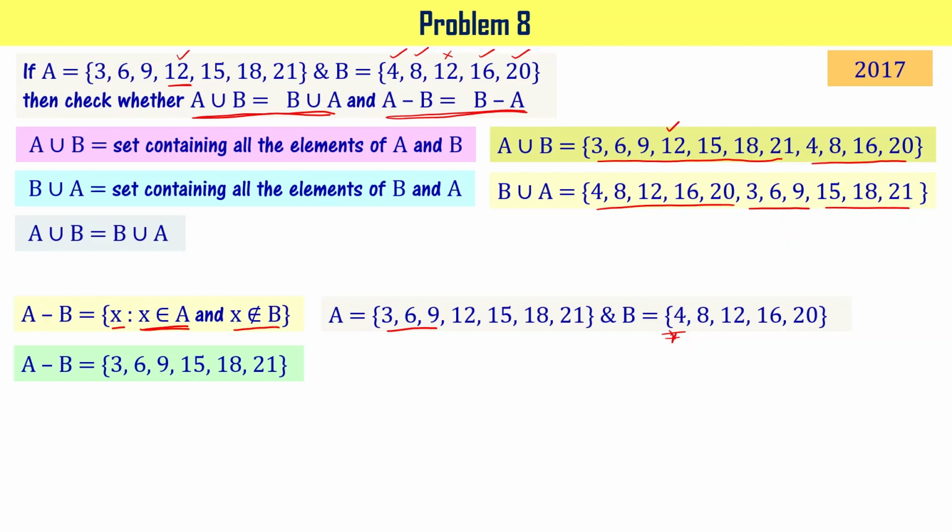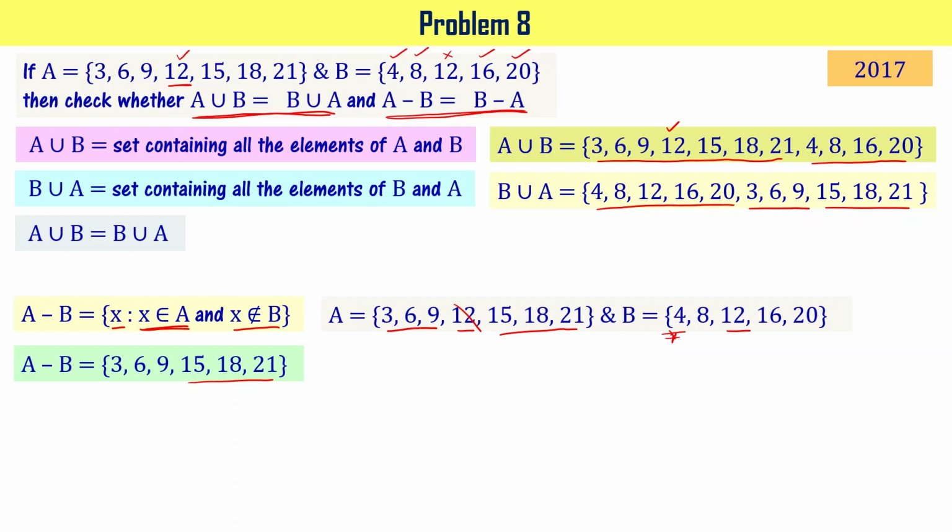So we can include them. 12 is there in A, but 12 is there in B also. That's why we cannot include this, right? 15, 18, 21, these are there in A, but not in B. That's why we can include those. So A minus B has got elements 3, 6, 9, 15, 18, and 21, right?